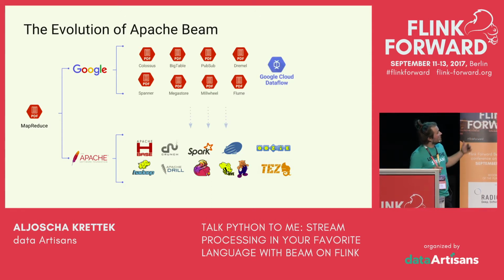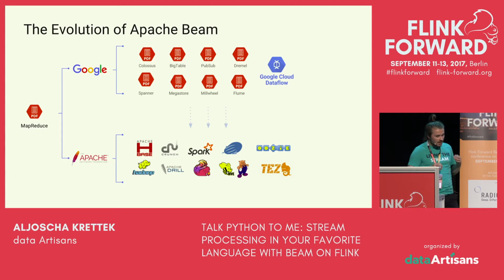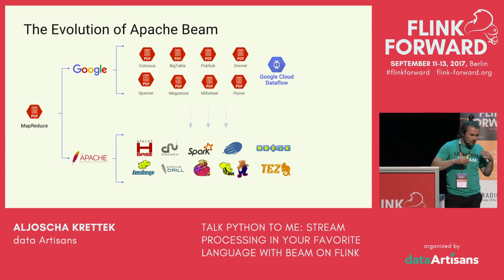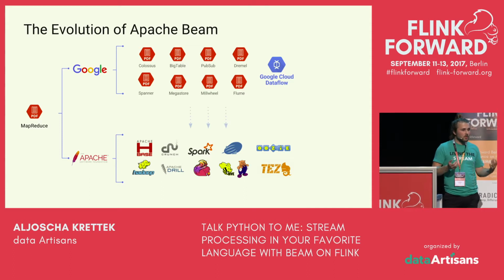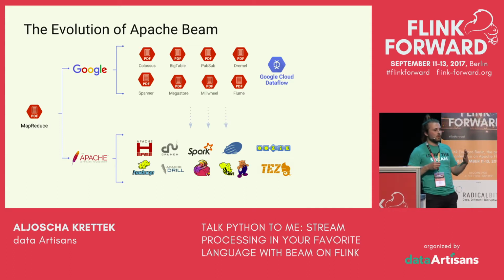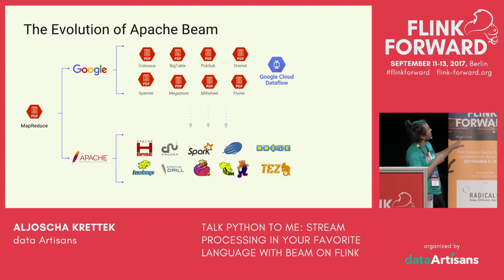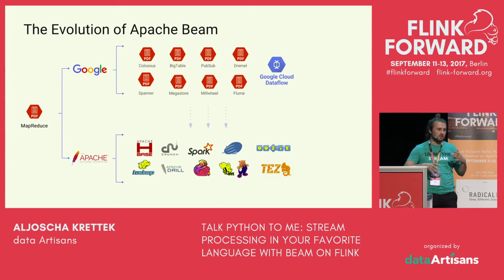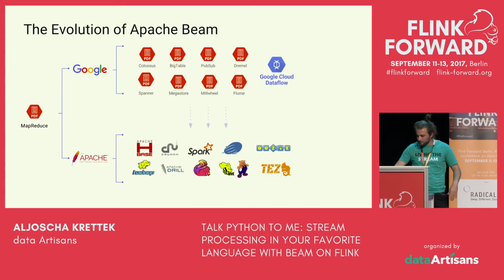But then at one point, Google changed their mind and thought that they would also like to offer a system for users to use. And this was Google Dataflow. This was an evolution and a combination of all the stuff that they published before. It was an API for specifying programs for streaming and batch computation, and it was also a service where you could execute those programs.